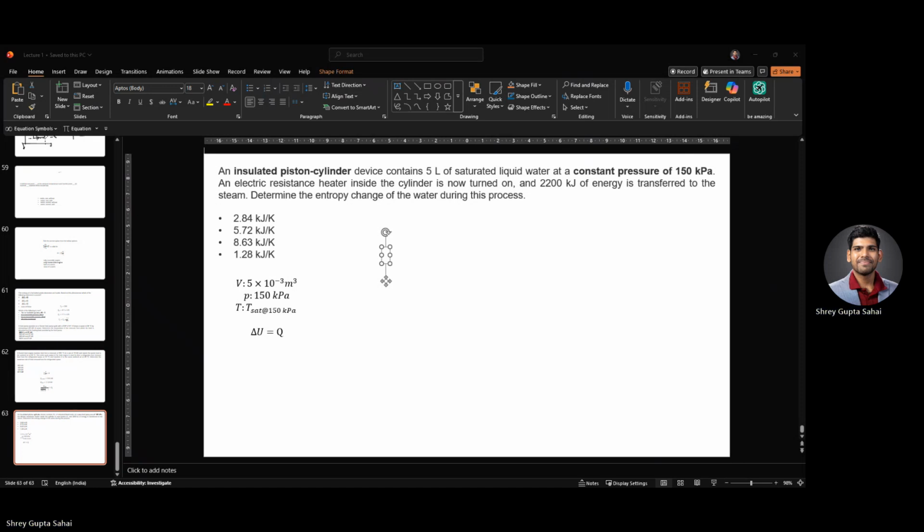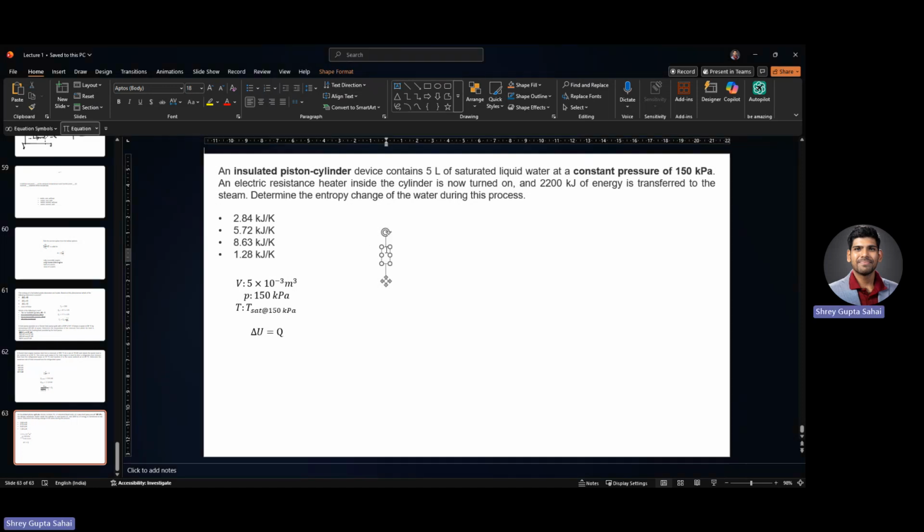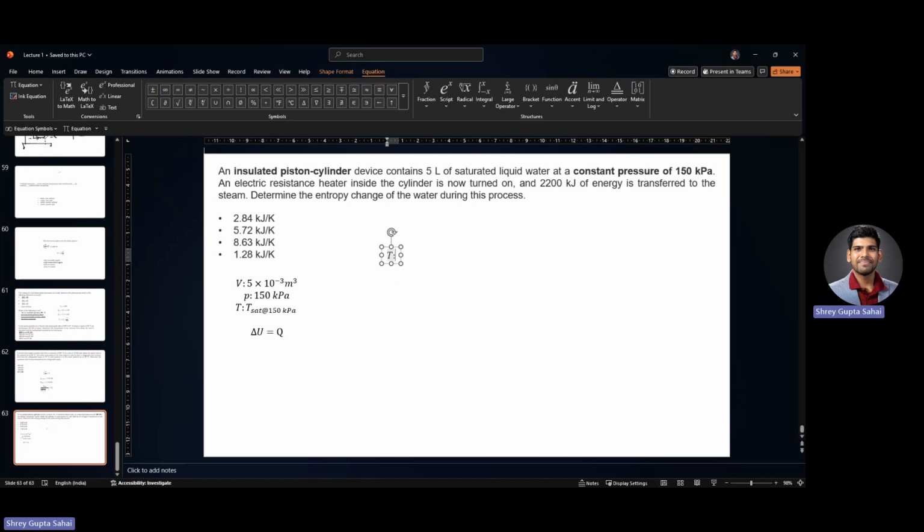Now for 150 kilopascals, T actually comes out to be 111.35 degrees Celsius.